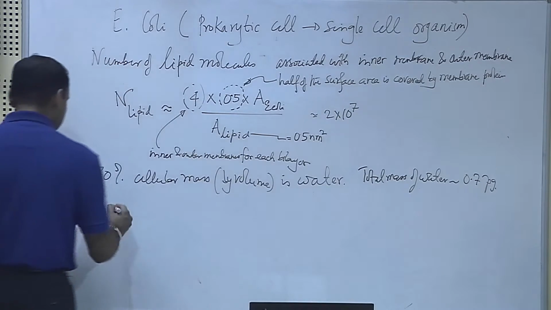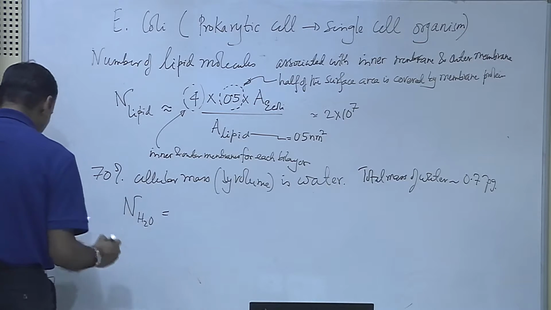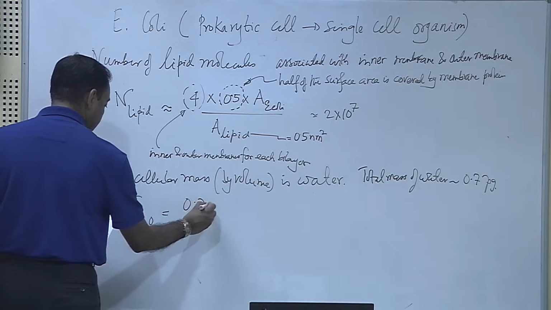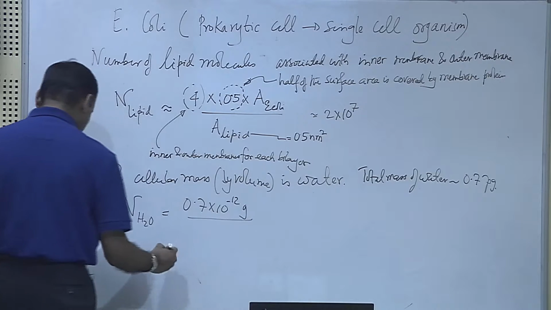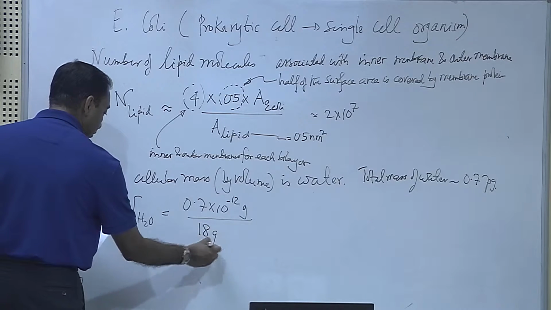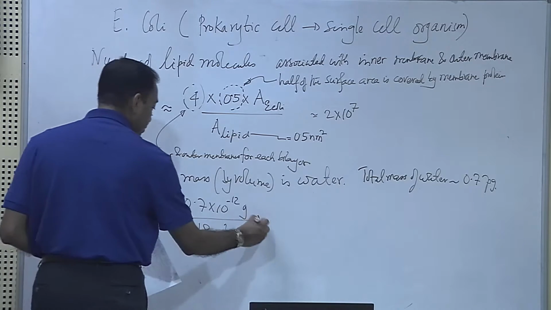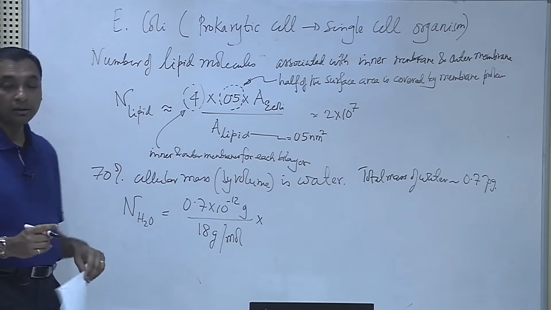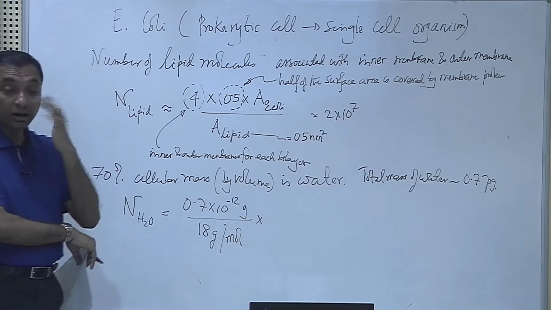So then we can say the number of water molecules in an E. coli cell will be the mass, which is 0.7 times 10 to the power of minus 12 gram, divided by the molecular weight, 18 gram per mole, times what do we have to do in order to get the total number? The Avogadro number, right?